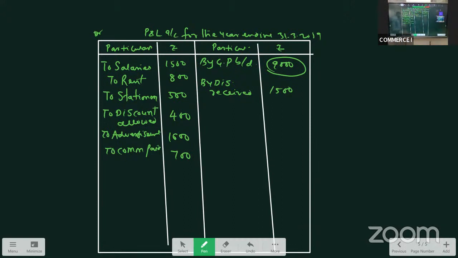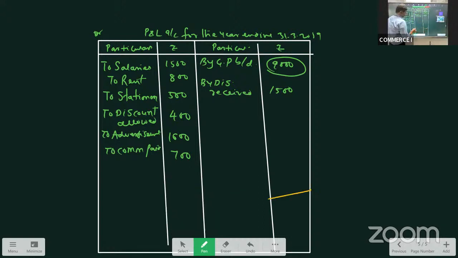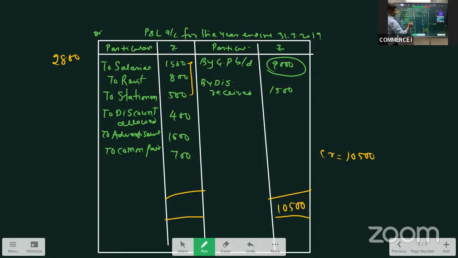Let us close it and see. What is the total on the credit side? 10,500. Credit side total is 10,500. What are the items on the debit side? You see, I told you, take a breakup. This is 2,800. Then this 2,700. We have 4,500. The total is 4,500.